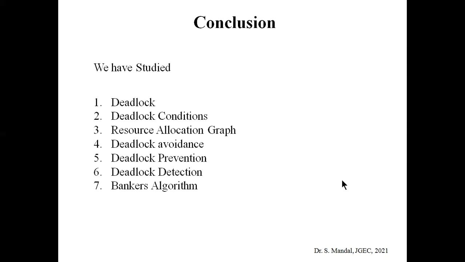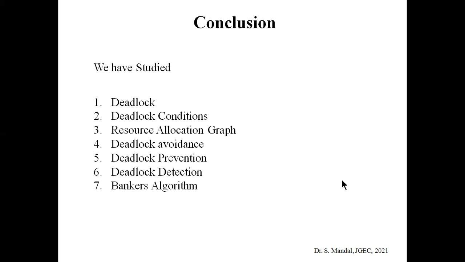Okay, that's all. Coming to the conclusion, we have studied deadlock and the necessary conditions for deadlock, and we also studied the resource allocation graph and some strategies to handle deadlock: deadlock avoidance, deadlock prevention, and deadlock detection. Banker's algorithm and the resource allocation graph algorithm are two very popular algorithms to avoid deadlock conditions.